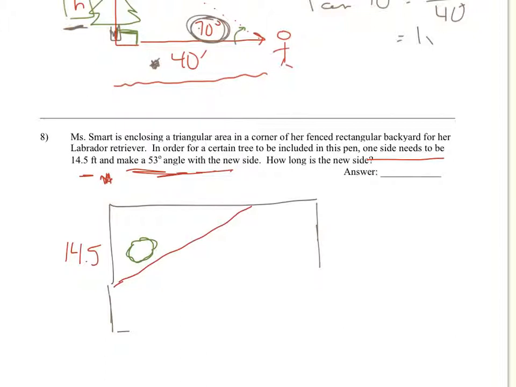The new side here in red is the one she's adding to make the pen. So the angle between the side I chose for 14.5 and the new one makes a 53-degree angle. That must mean the angle is here in this corner. Had you chosen this side up here at the top to measure 14.5, the angle between that and the new side would have shown up above in the other corner.